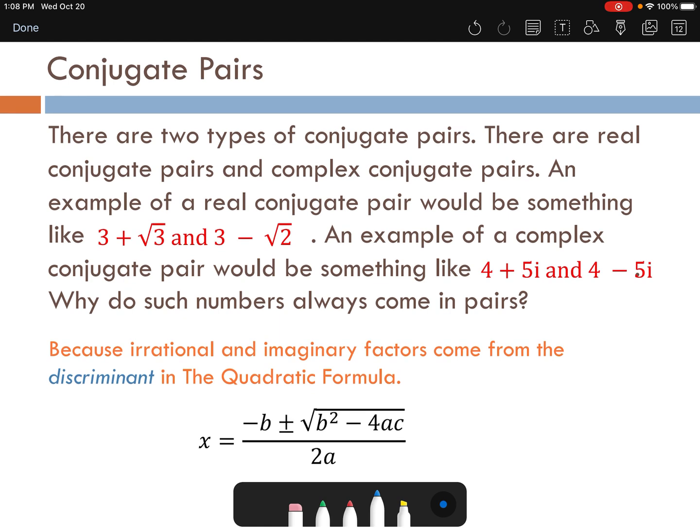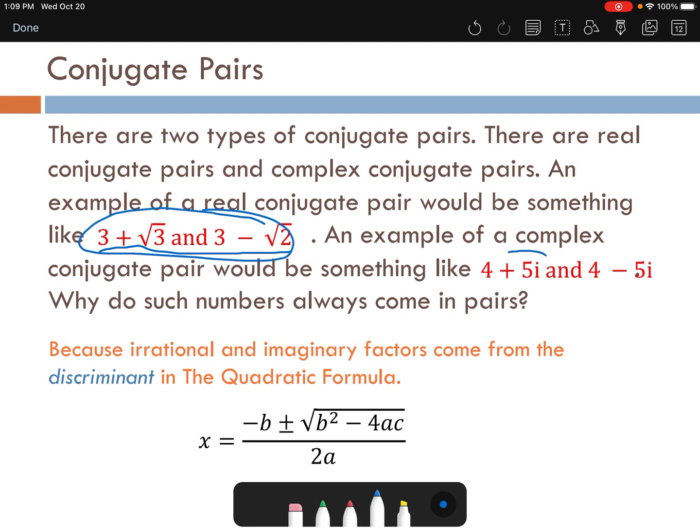Now, before we get into these zeros, understand that every complex number will come with a partner. In other words, you could have 3 plus radical 2 and 3 minus radical 2.